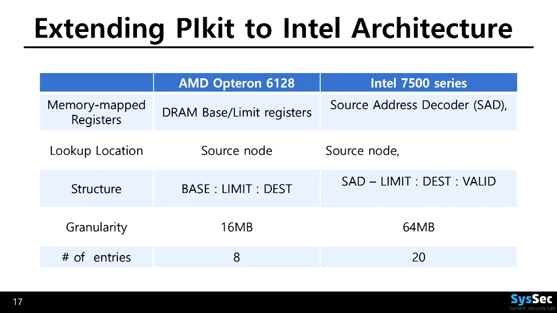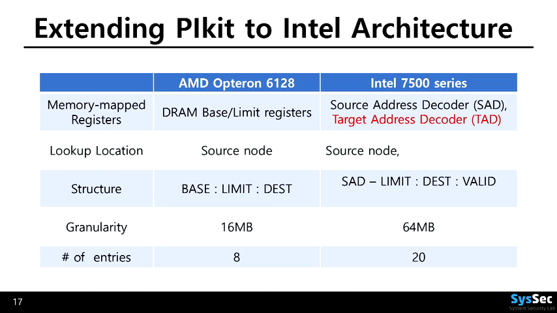So far, I explained how to implement PIkit on an AMD server, but the PIkit can also be extended to Intel architecture. Intel also has a DRAM mapping table called the source address decoder. And the key difference from AMD is the target address decoder.